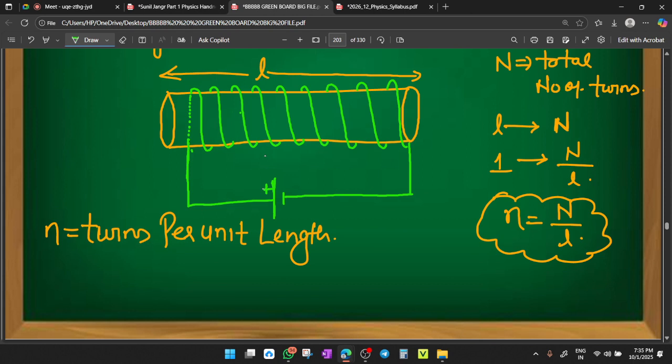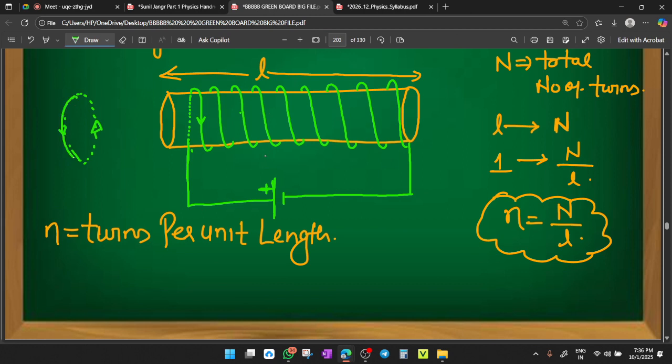As you switch on, this coil or solenoid behaves like a bar magnet. One of its ends becomes the north pole and the other becomes the south pole. Now see, from behind, the current is coming like this. The wire goes from behind and then on the front side goes downward.